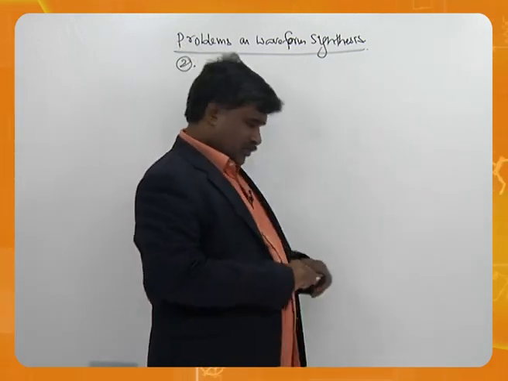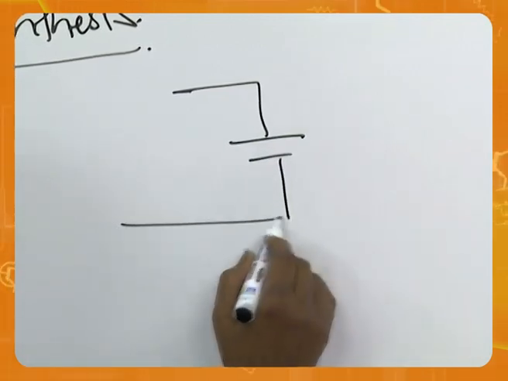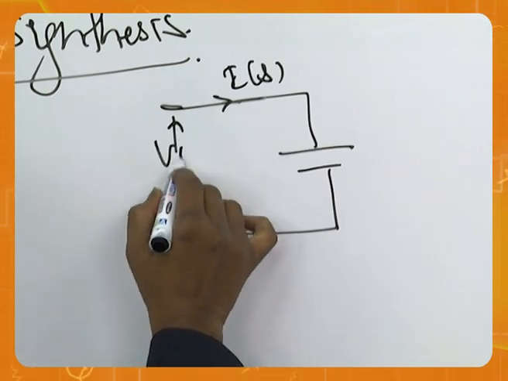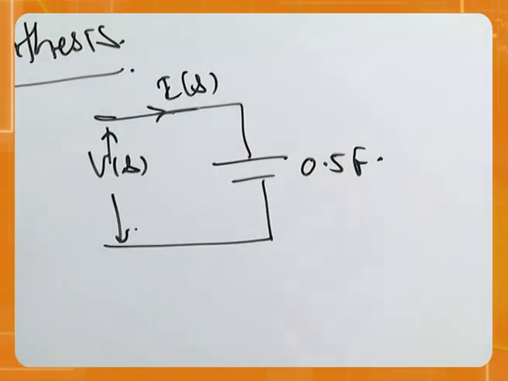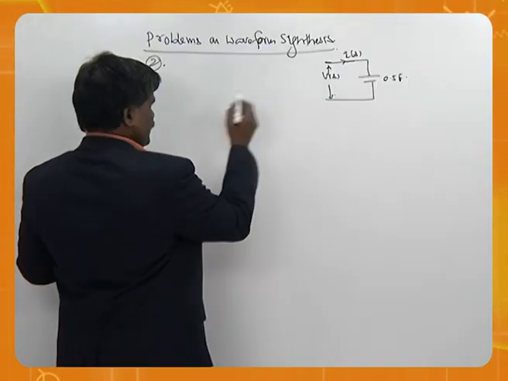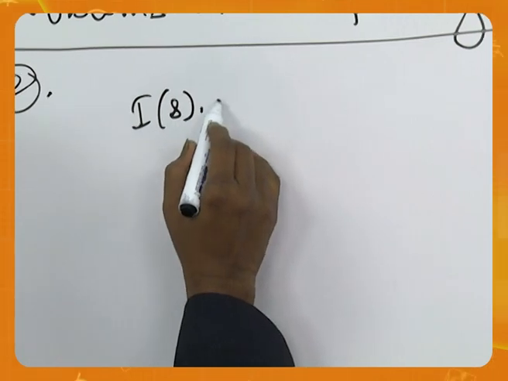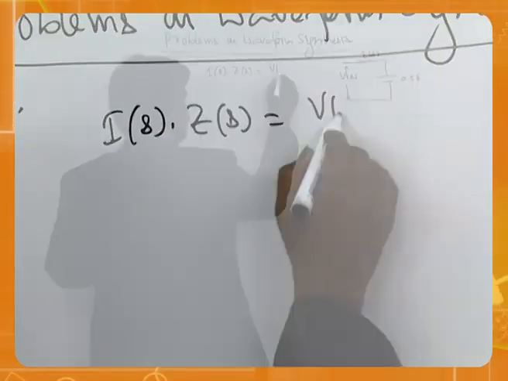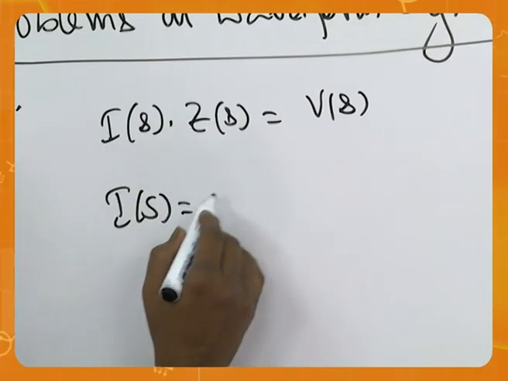So look at this. Here is a capacitor. Say this is the current. This is the voltage, 0.5 farads. I of S into Z of S is equal to V of S. What is I of S?